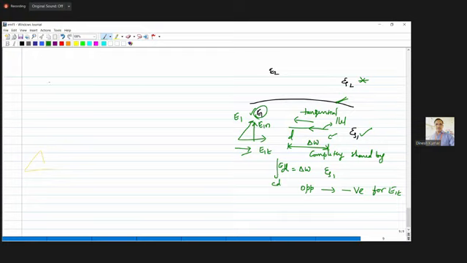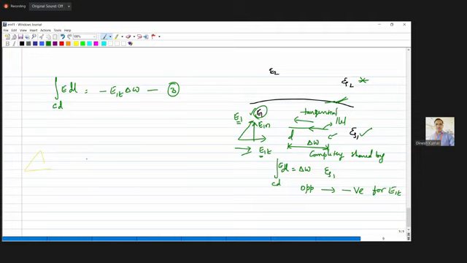Therefore, the line integral for CD of E dl is equal to minus the tangential component of E1, that is E1t. Why have we taken the tangential component? Because the conductor CD is in parallel with the boundary. And what is the value of the integral of dl? It is the length of the conductor CD, that is delta W, which is our equation number 3.